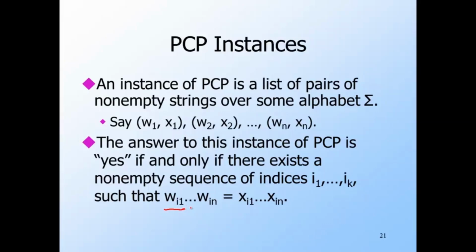Then the second, W_i2, is that W from the pair indexed i2 on that list, and so on. Then we get the same string if we take the W's from the pairs as if we took the second components, or the X's, from the pairs. Such a list of integers is called a solution to the instance of PCP.